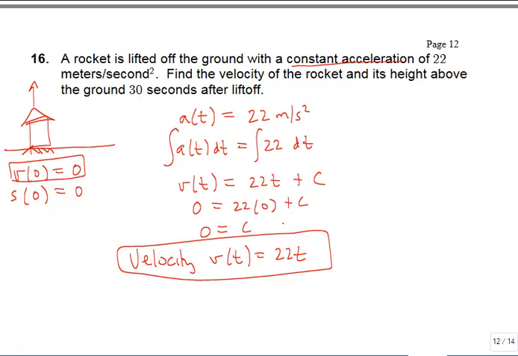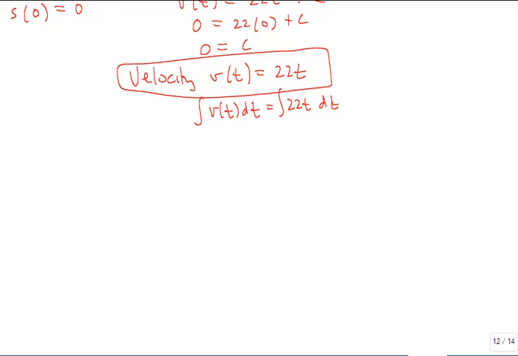Now to find height, we're going to need to integrate one more time. So I'm going to stick my dt's on there again and integrate both sides. What function has as its derivative velocity? Well, that would be position. And the integral of 22t would be 22t squared over 2 plus c, which reduces to 11t squared plus c.